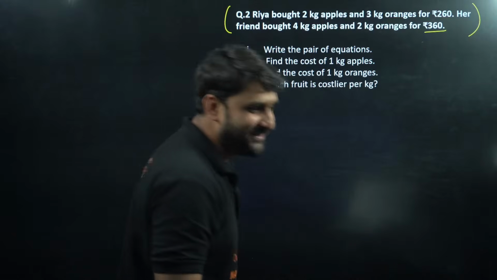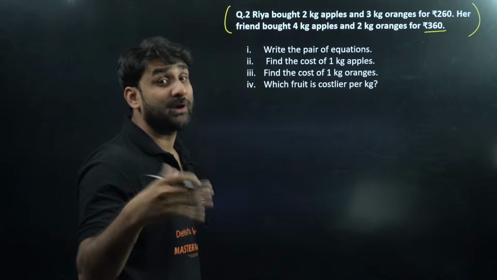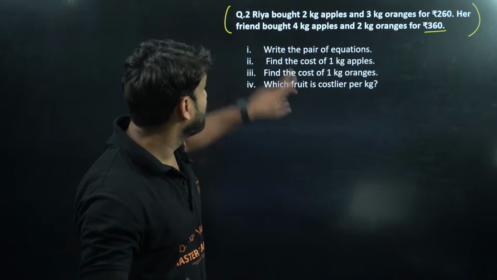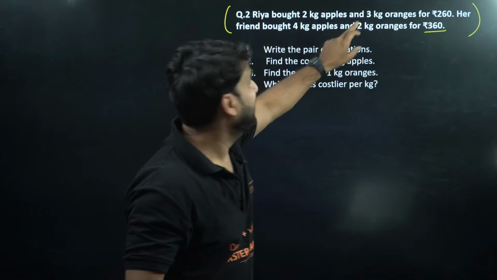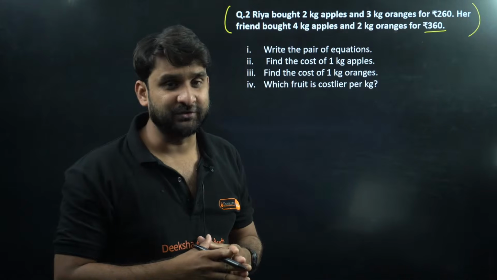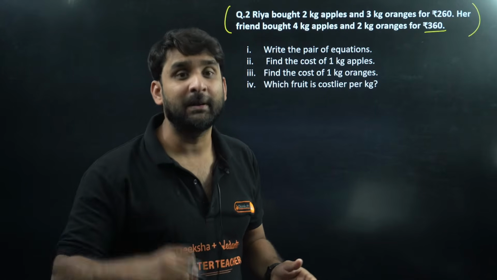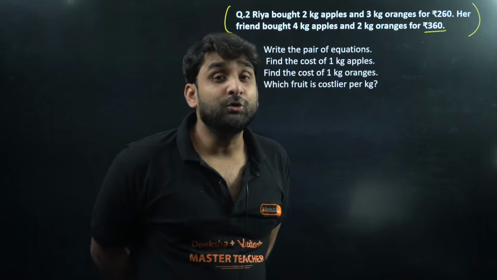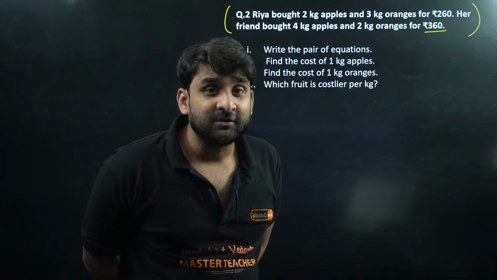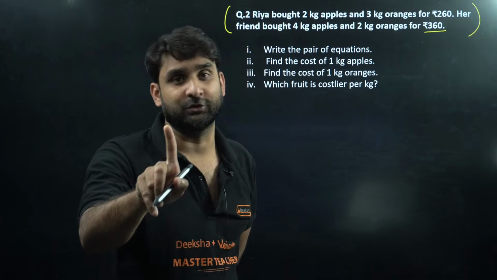Okay, so Ria bought 2 kilogram apples and 3 kilogram oranges for rupees 260. But we don't know the cost of 1 kilogram apple and 1 kilogram oranges. So what should we do here first? We have to suppose the cost of 1 kilogram of each fruit.